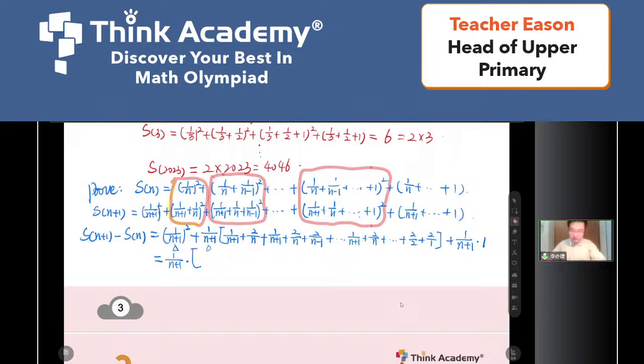Inside this bracket we will see there are several numbers. If we do fraction addition, we just put those with the same denominator together because we don't need to unify the denominators. So how many fractions are there with denominator n?